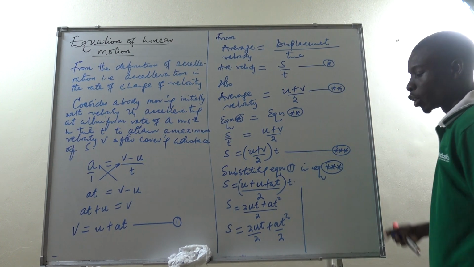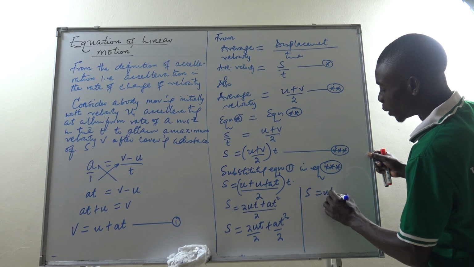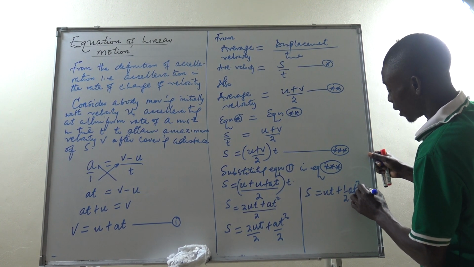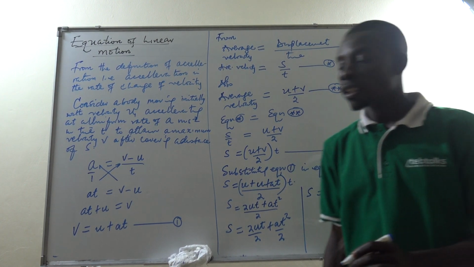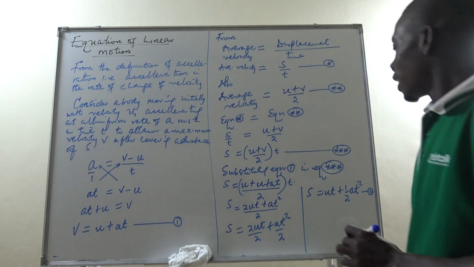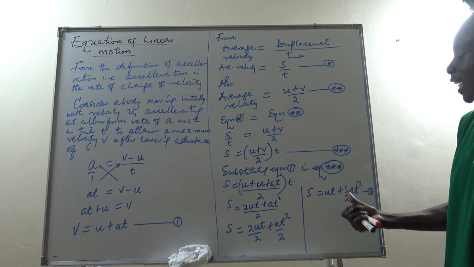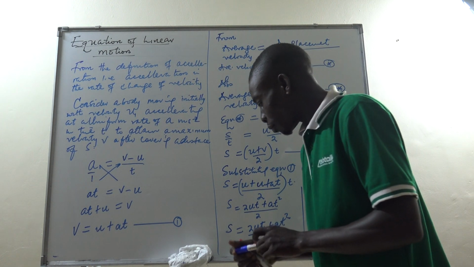On simplification, s equals ut plus half at squared. I call this equation 2, the second equation of motion.